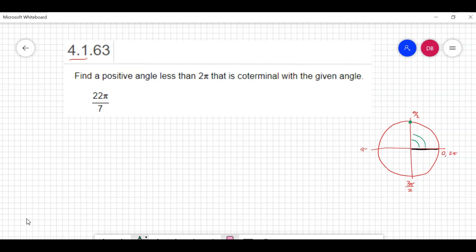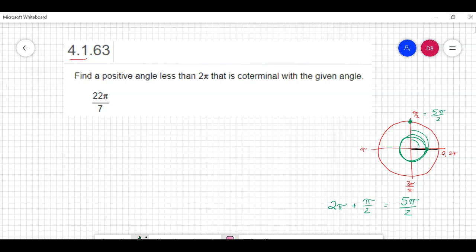If I went all the way around 2 pi and then kept going until I got to that positive y-axis again, and then I add pi over 2 radians, I get 5 pi over 2 radians. So pi over 2 and 5 pi over 2 are coterminal. We end up at the exact same place.